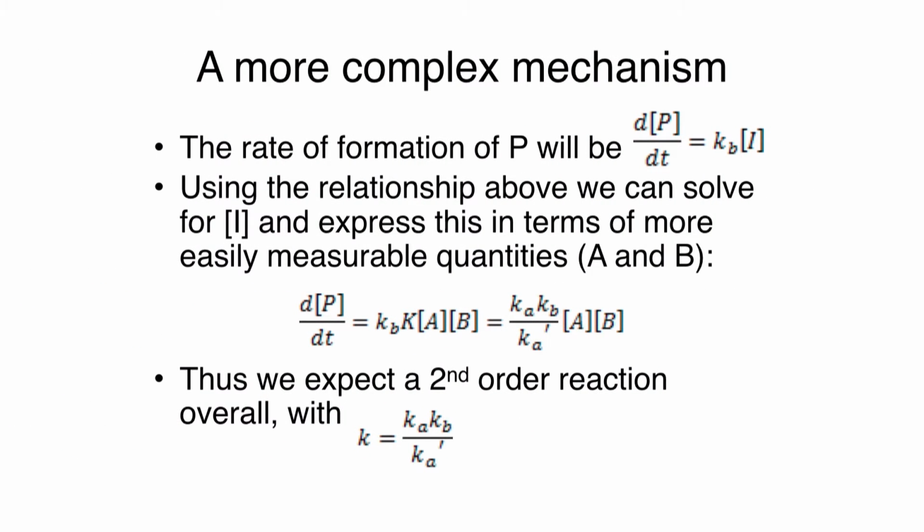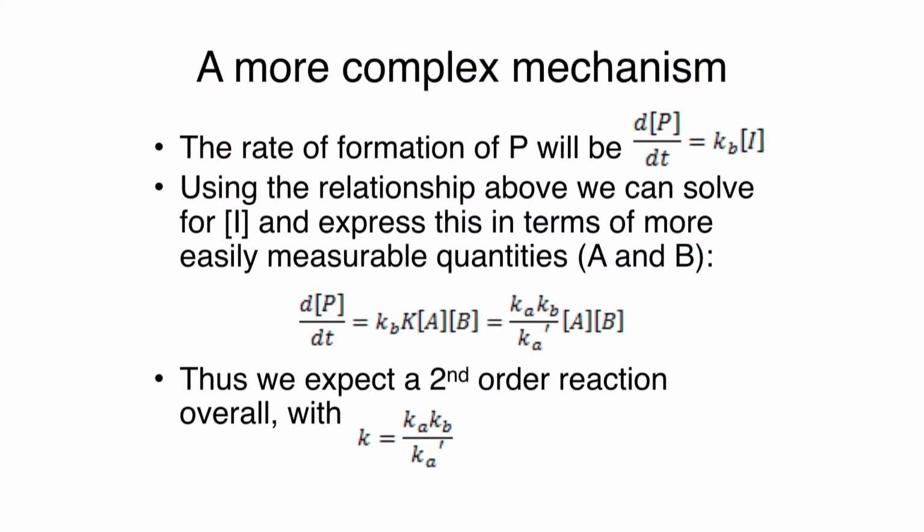If I look at what the product is doing, the rate of formation for making this product, which I'll call dP dt, the rate of change of product over time, that's based on the second step of the reaction. So that's equal to Kb times the concentration of I. So what I can do is use the expression that we just came up with, solve for the concentration of I, and then do some algebra, some rearrangements, and I can say that dP dt is equal to Kb times I, but I know what I is.